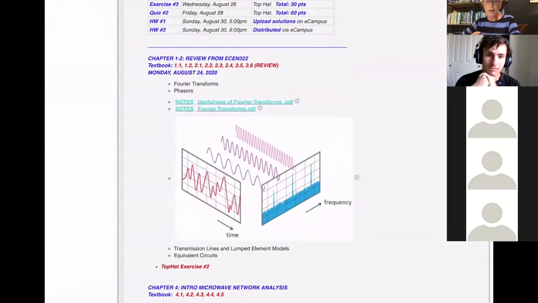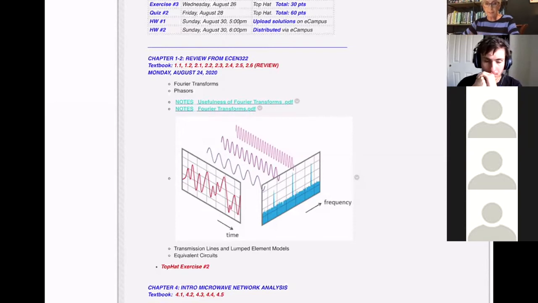What I decided to do, before we go and speak about the various networks and how we combine them, and then introduce network theory, is to cover briefly, for those who have not seen this before, the concept of a Fourier transform.